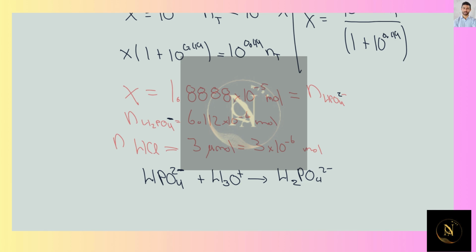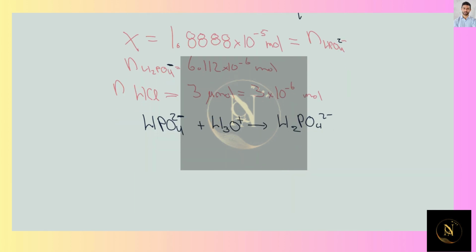Correct? And for this reaction, we're going to draw the same ICE table in amount of mole. Initially, of the HPO4 2 minus ion, we're going to have 1.88 times 10 to the minus 5 mole.